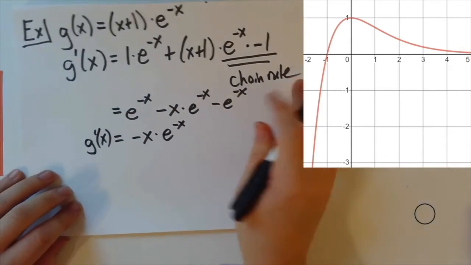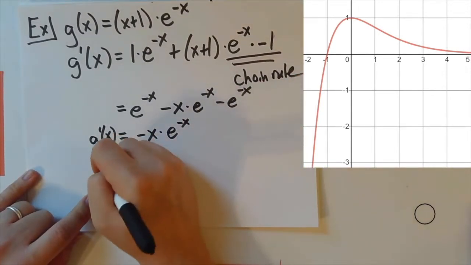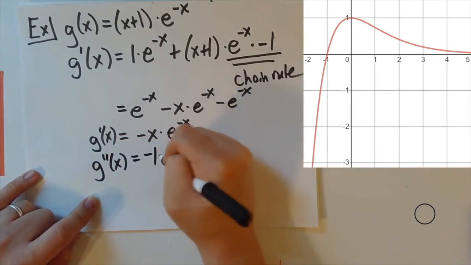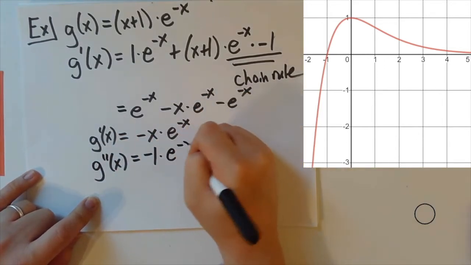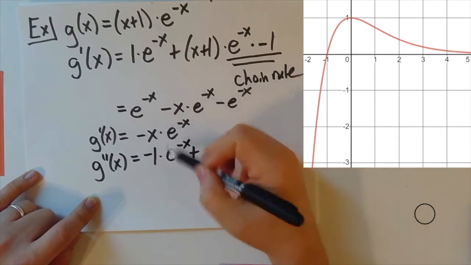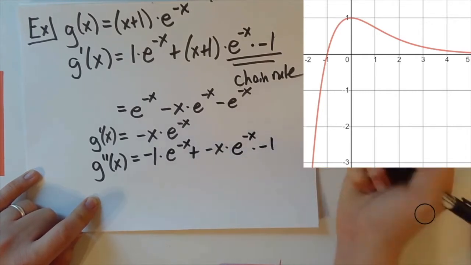Okay, so we need to do the second derivative. So we need to take the derivative of this. Again, this is going to require the product rule. So minus 1 times e to the minus x, plus minus x times the derivative of e to the minus x, which, as before, by the chain rule is this.